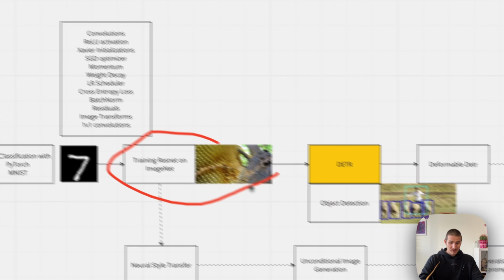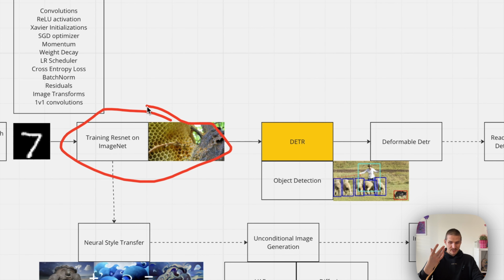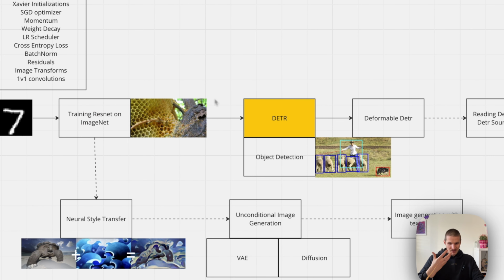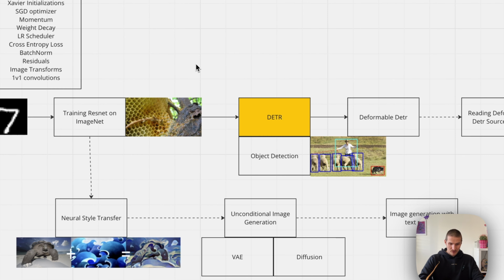Then we had our first big project where we looked at the actual implementation of the ResNet model, which is also used as a backbone for modern transformers. This is a big model. It takes a couple of weeks to train, 150 gigabytes of data. And we did that ourselves using our own computer.